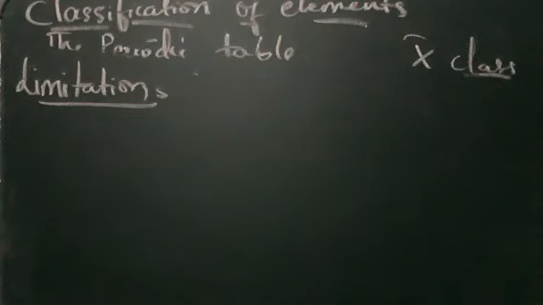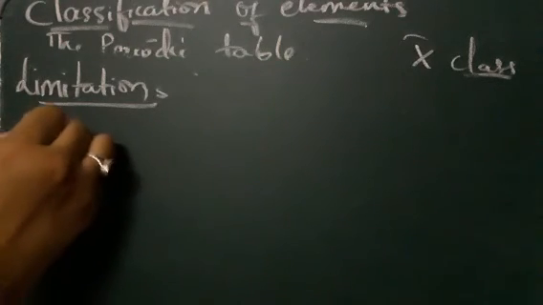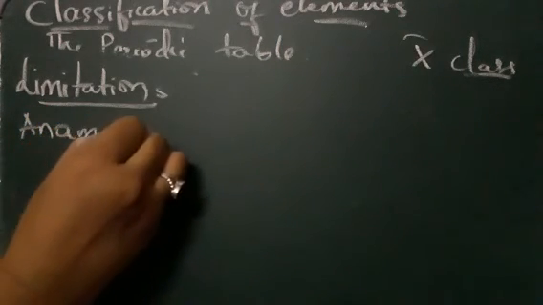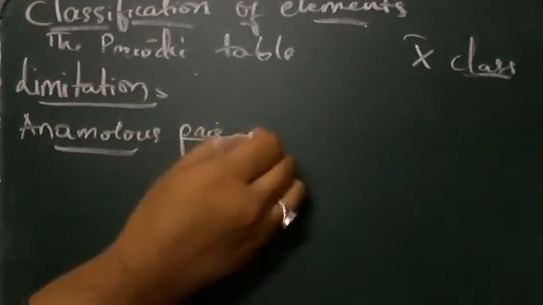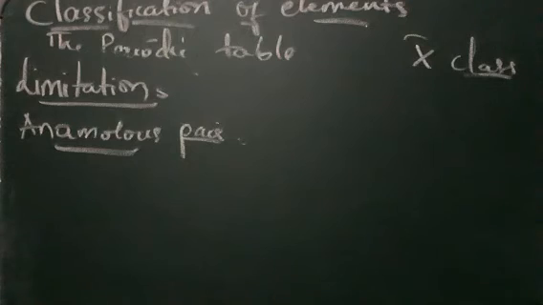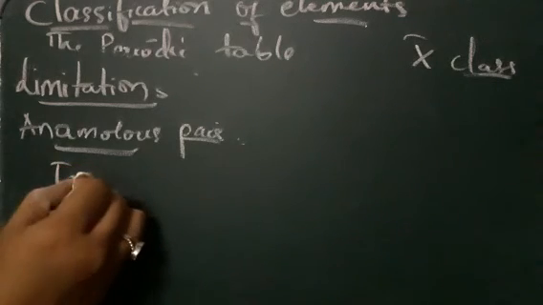The first was the anomalous pair of elements, like we have learned just now. Certain elements of higher atomic weight precede those with lower atomic weight. For example, if we take tellurium, what is the atomic weight?